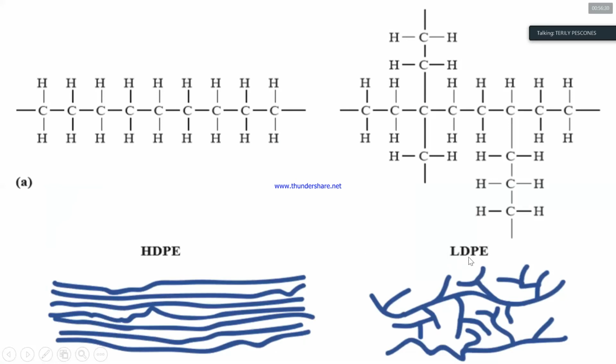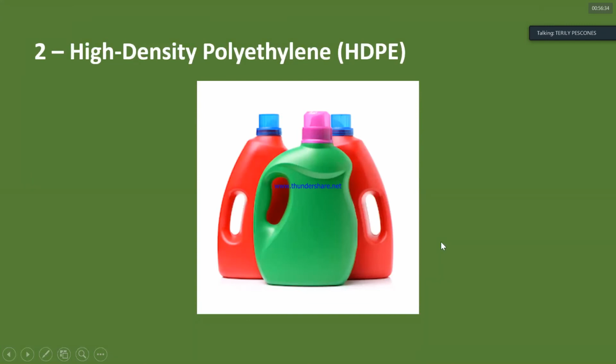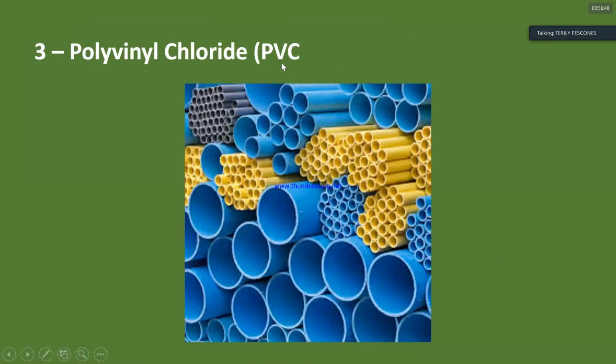So, high density, this one is low density. So, polyethylene. Okay. Maraming ethylene, yung dalawang carbon na pinagdugtong-dugtong, dalawang carbon na may double bond. Or the ethene, no? Okay, so polyethylene, then we have the polyvinyl chloride, or simply PVC.